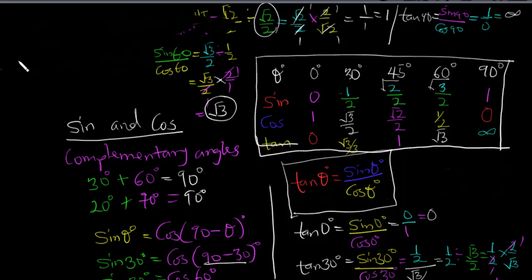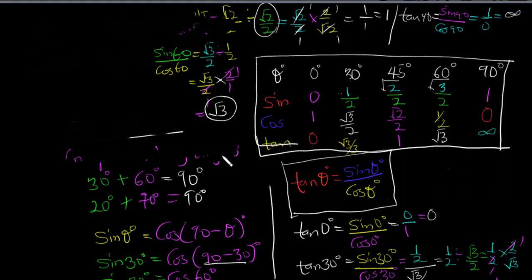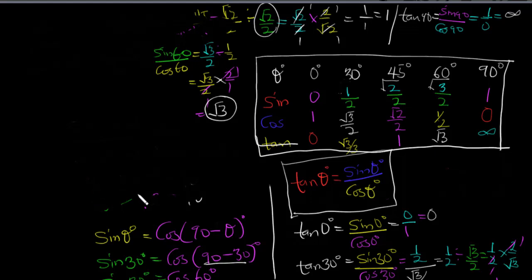And you can remind yourself of the trigonometric ratios of these angles, because it's pretty simple. Sine 30 is half, and if you know sine 30, then you have to know cos 60 degrees, because 30 and 60 are complementary angles, the angles that add up to 90 degrees.